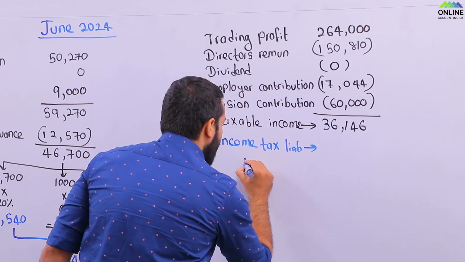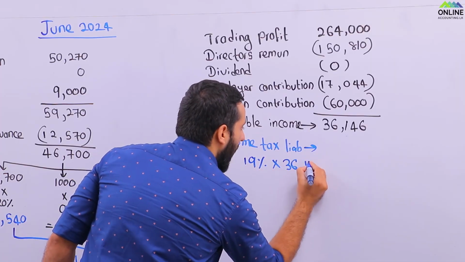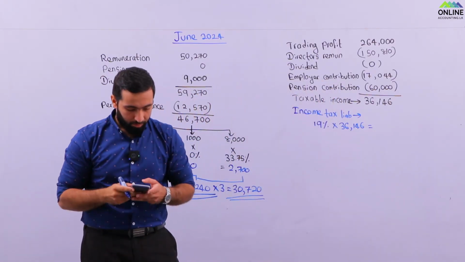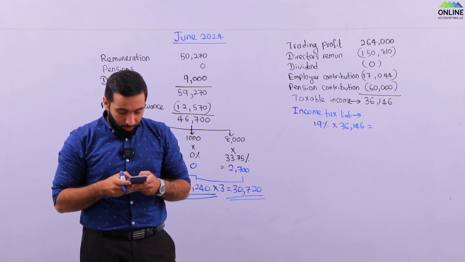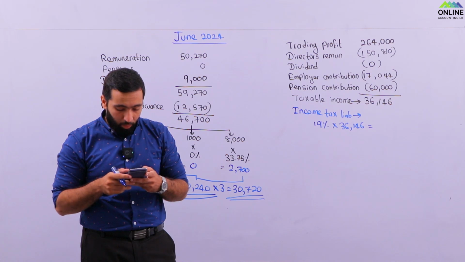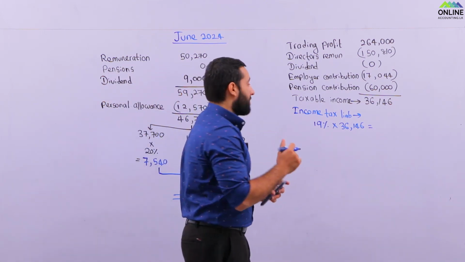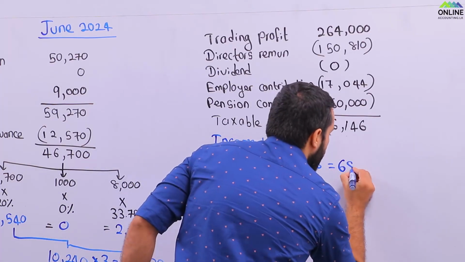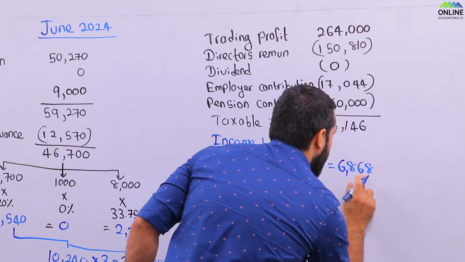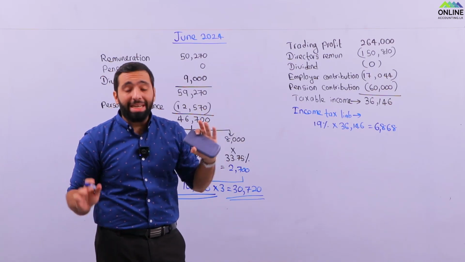Okay, so 19% multiplied by 36,146 will give you how much? 36,146 multiplied by 19% will give you 6868. I'm rounding it off. It has to be 6868. So this is what the income tax liability is.